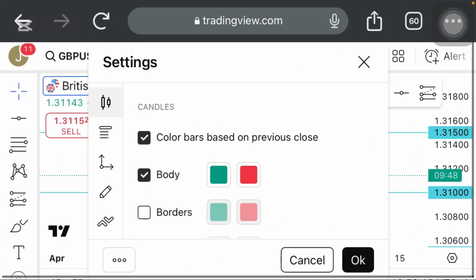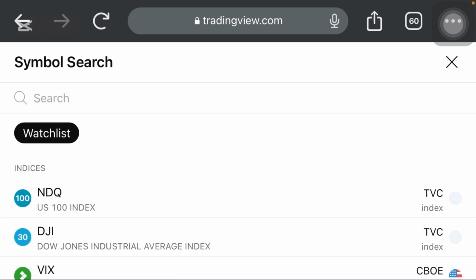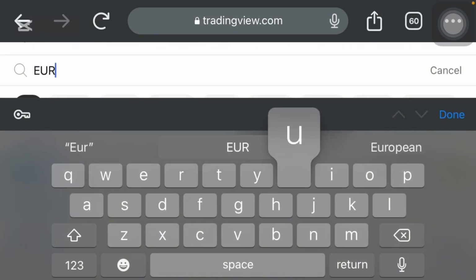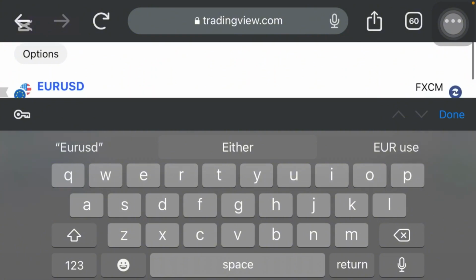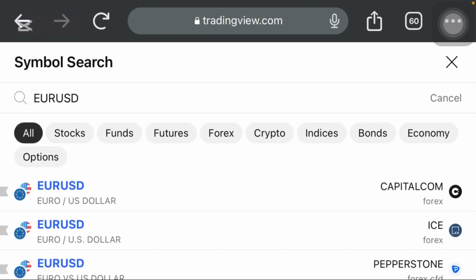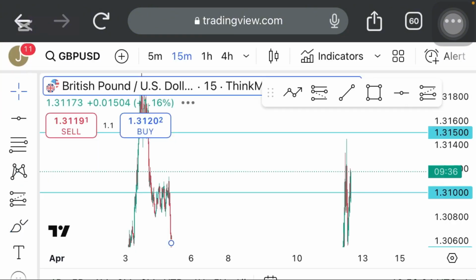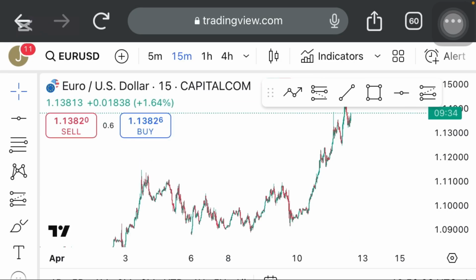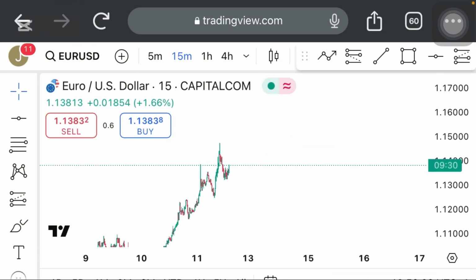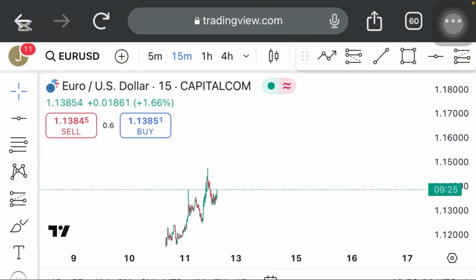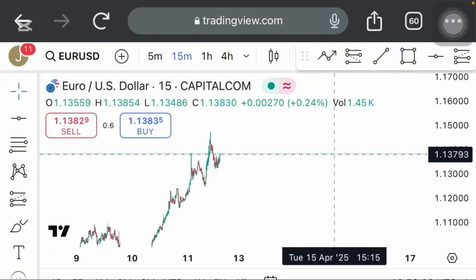Now let's go to maybe another forex pair, which is euro USD, for easy assimilation, for easy understanding. Euro USD. Let's go to a clean chart. Let's go to this capital.com. Now, like what I said earlier, for you to quickly know the psychology level here, you come to the current market price, which is 1.1300.